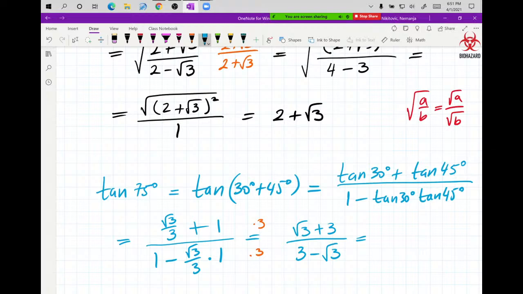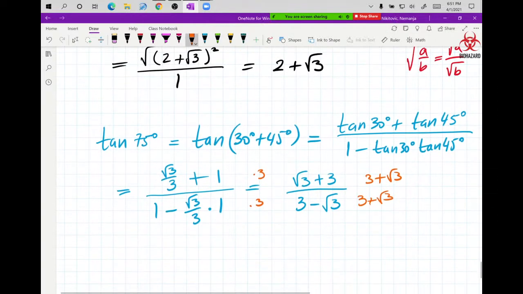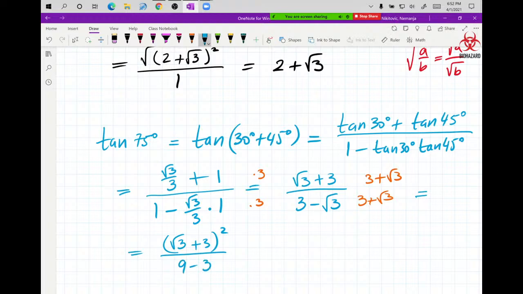We rationalize this by 3 plus root 3, 3 plus root 3. And in the numerator, we have root 3 plus 3 squared. And in the denominator, we have 9 minus 3, which is 6.